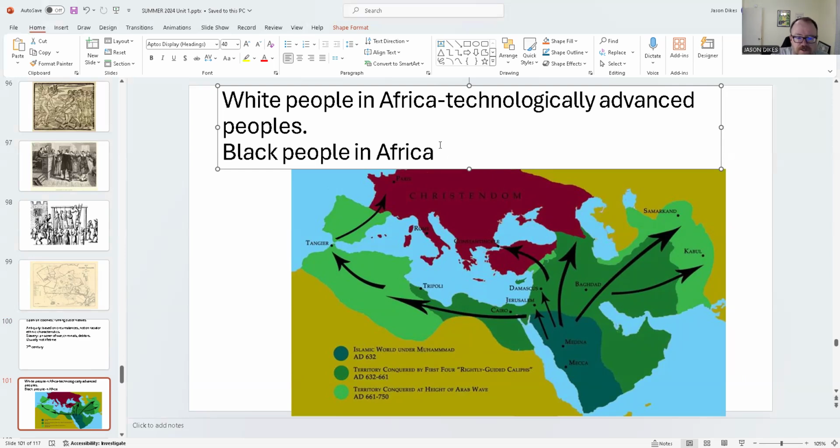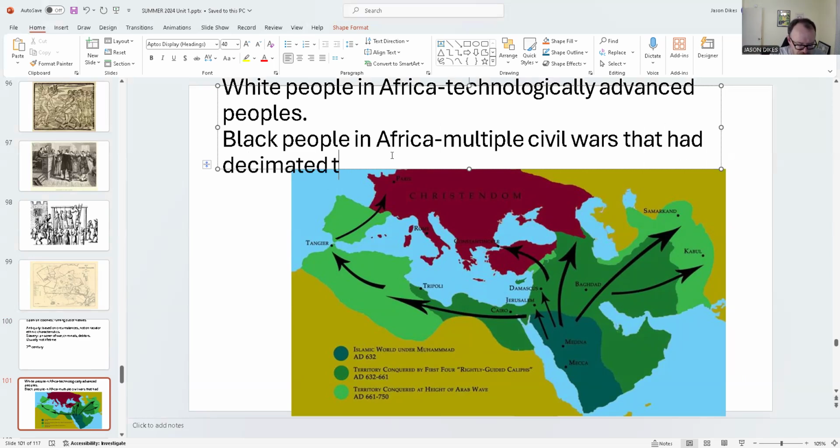And unfortunately, the part of Africa where Black people were living had gone through multiple civil wars that had decimated the people and their villages, towns, whatever you want to call them.